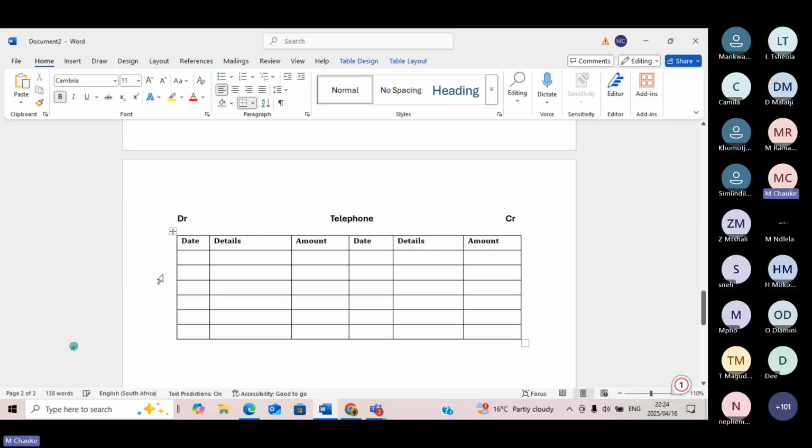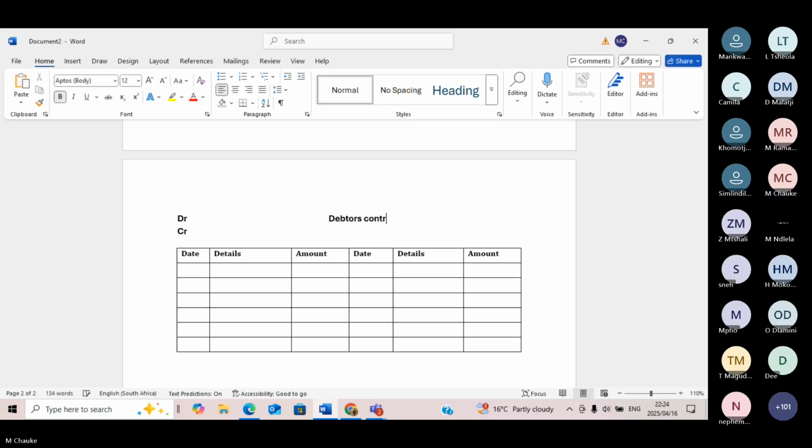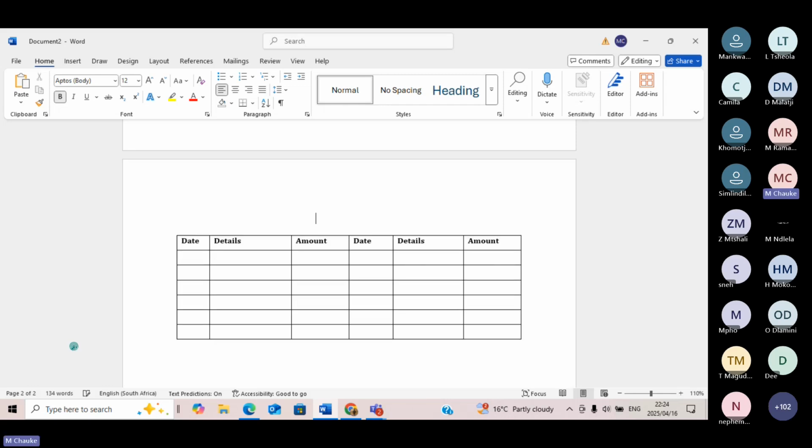So we're going to have another account called debtors control right there. Debtors control, or just the debtors, no problem. Okay.